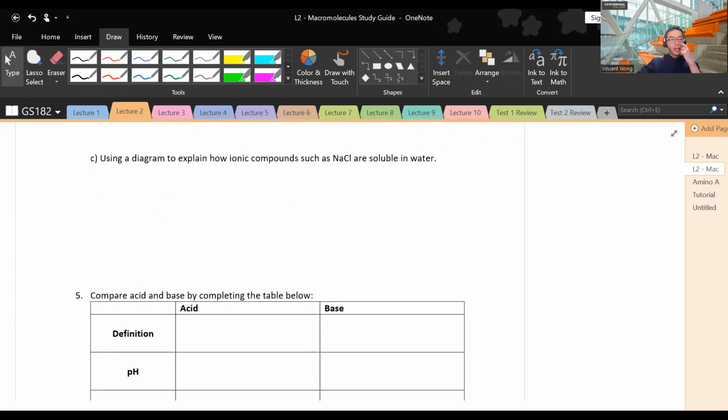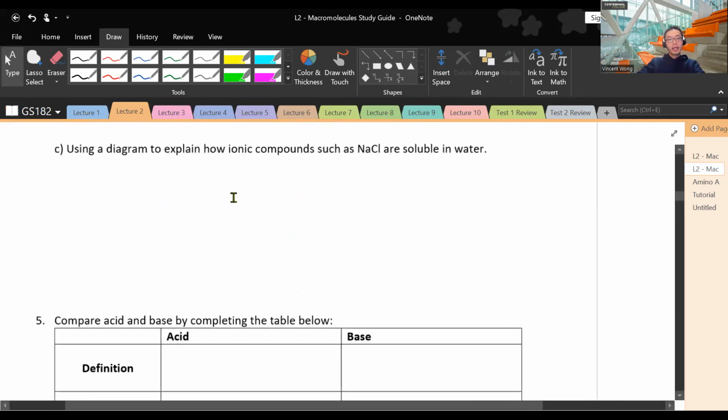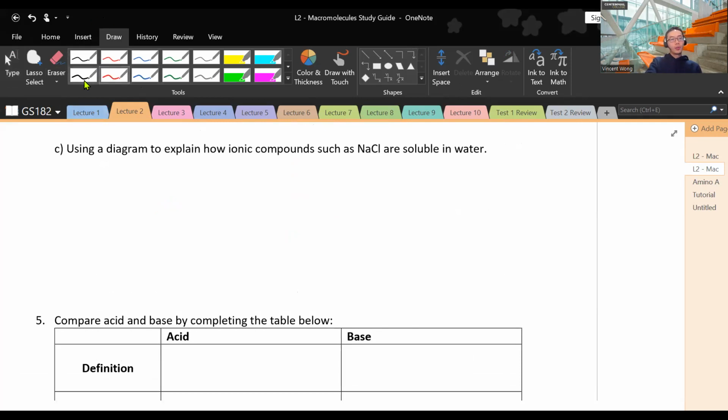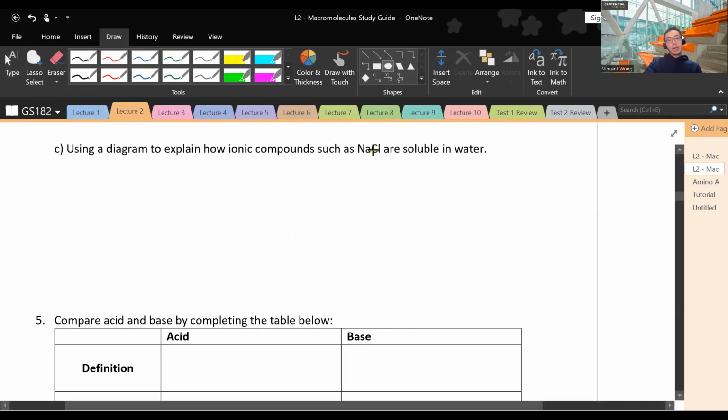Use a diagram to explain how ionic compounds such as sodium chloride are soluble in water. Okay, so you might remember ionic compound involves the transfer of electron from the metal to the non-metal. So in this case, the sodium is the metal, which will be losing the electron.